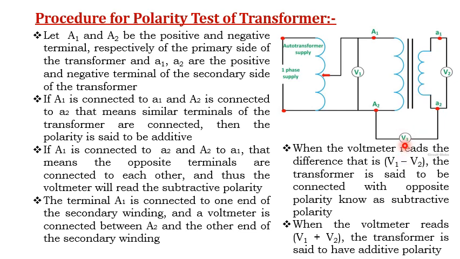When the voltmeter reads the sum of these two voltages, that is V1 plus V2, the transformer is said to have additive polarity. So this is the procedure for the polarity test of a transformer.